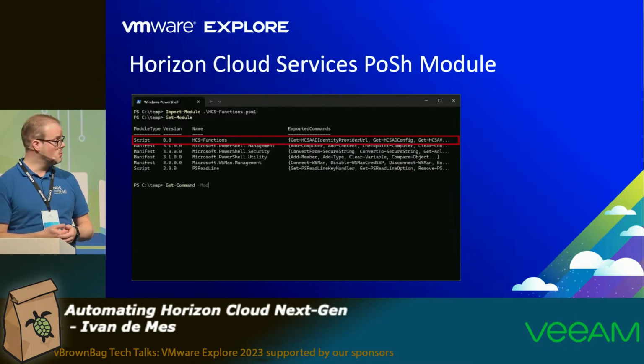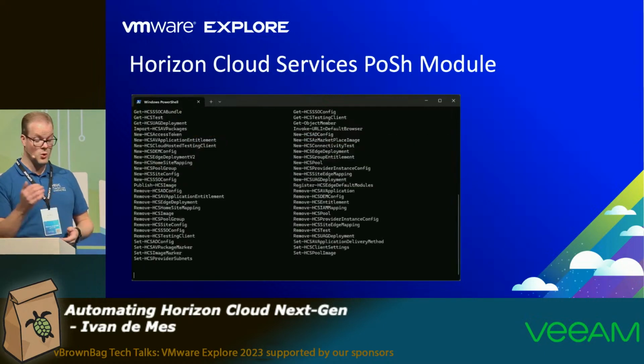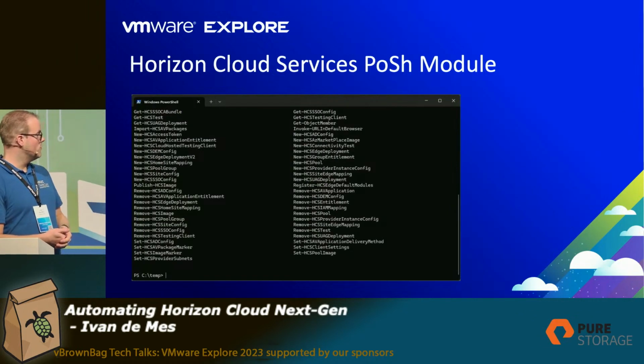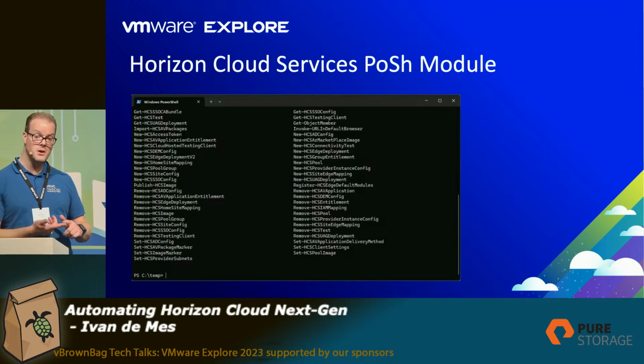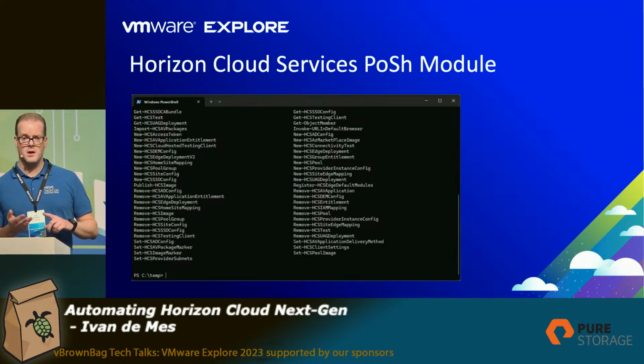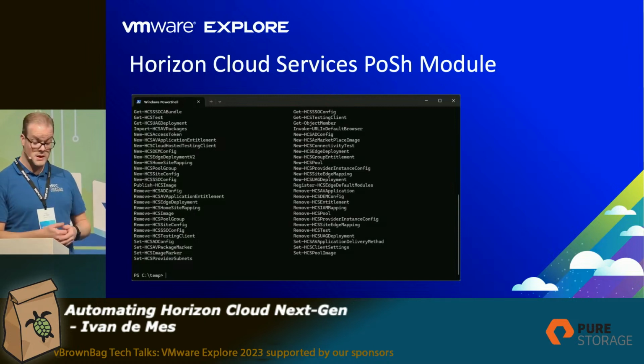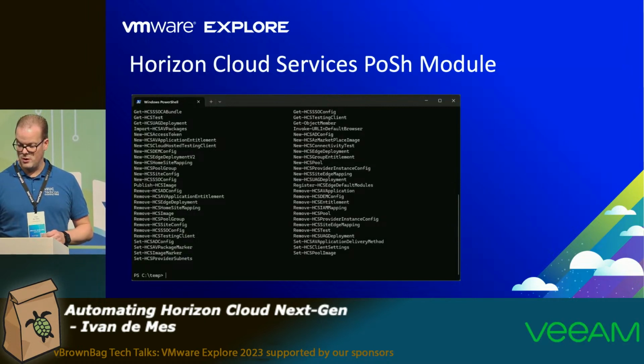Then we can check that the module is in place, and we can get all the commands from the PowerShell module as well. There you will see that there are various commands that you can use for creating new things, removing things, updating things, etc. And like I said, it makes it a little bit easier for automating things.